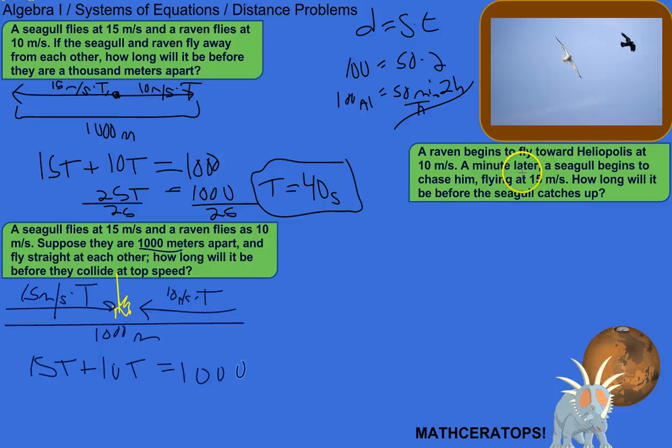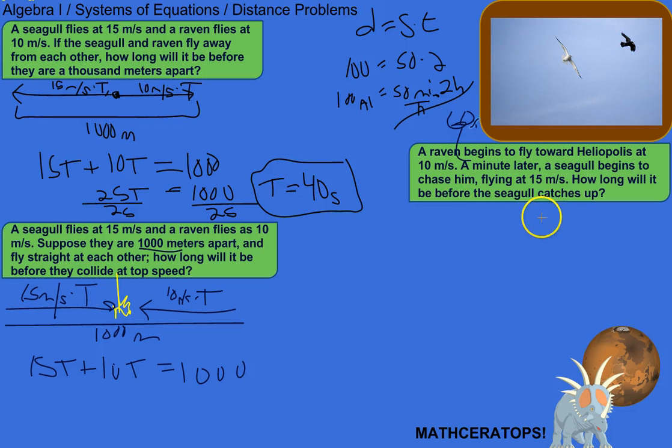All right, so a raven begins to fly toward Heliopolis at 10 meters per second. A minute later, okay, we want to convert that unit, right? Instead of a minute later, that's 60 seconds later, right? Don't fall for that trap, even if I set that trap for you. 60 seconds later, a seagull begins to chase him, flying at 15 meters per second. How long will it be before the seagull catches up?